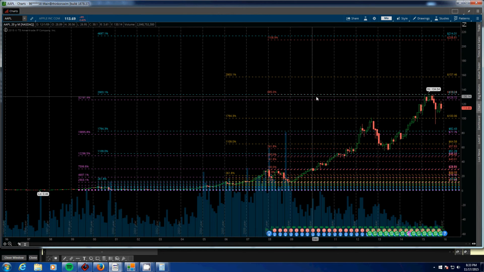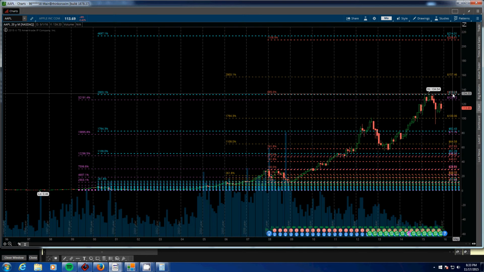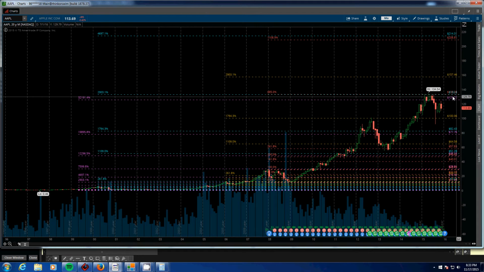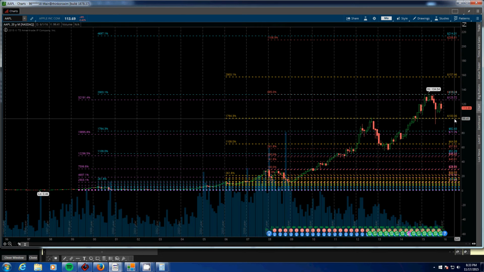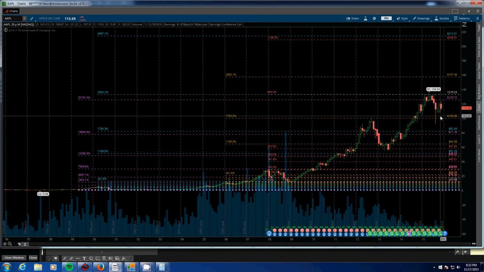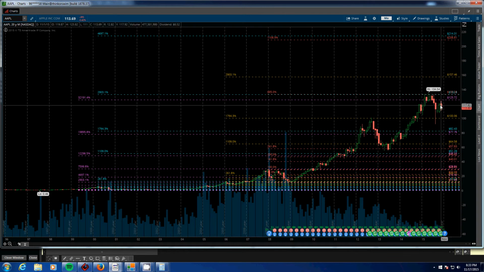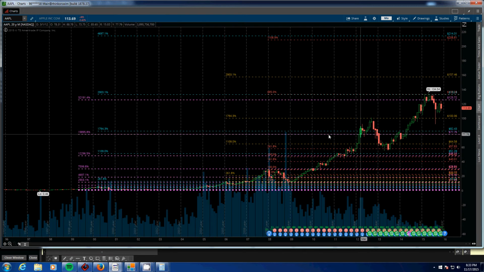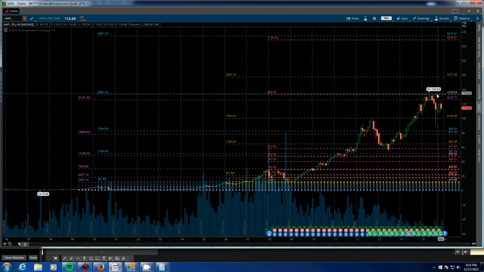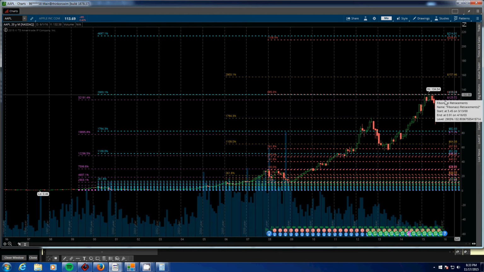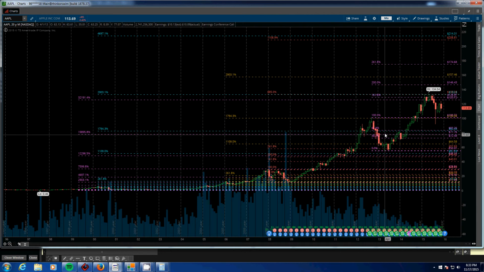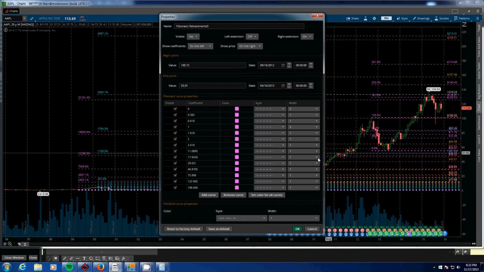You have 3 of them right up here in the 125 to 132 range, which we've rejected out of. That's a pretty big thing for Apple. It looks like 100 here has already been tested as support, so hopefully we don't have to go back and test that again. The next real big thing we're looking for on Apple, as far as these older Fibonacci retracements are concerned, is a break over this 133 range and a hold over it. We can do this on price targets like this, or ranges like this.